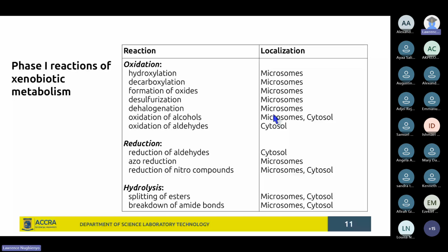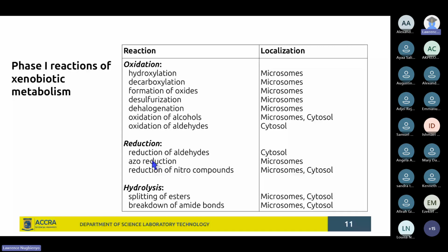And you can even say two, because oxidation and reduction always move together. I mean, what you refer to as redox reactions. These are phase one reactions. These are major reactions that occur with xenobiotics.